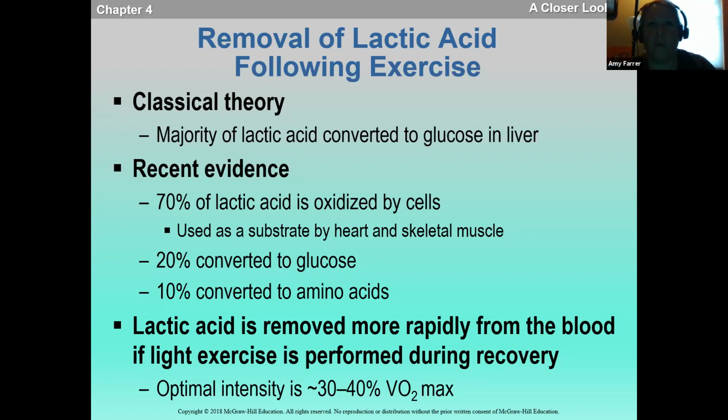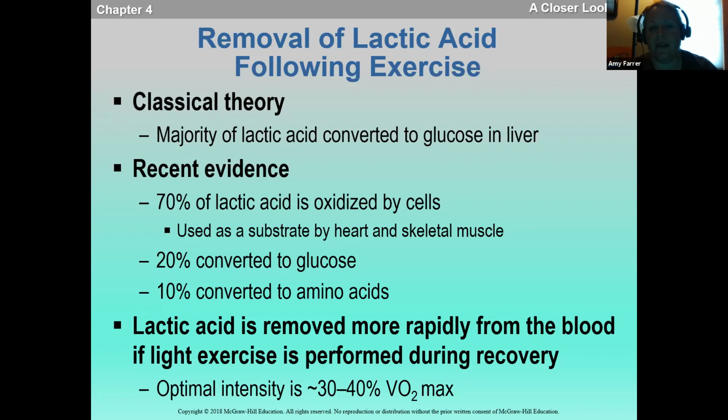One thing that we talk about, old school stuff, is that we needed to have a cool down post-exercise so that we didn't have a buildup of that lactic acid. And there's a little truth to that. We know that lactic acid is removed more rapidly from the blood if we're doing light exercise during recovery.